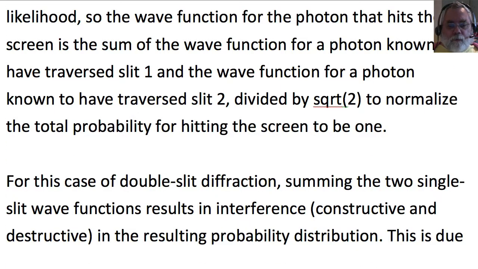For the case of double-slit diffraction, summing the 2 single-slit wave functions results in interference, constructive and destructive, in the resulting probability distribution.